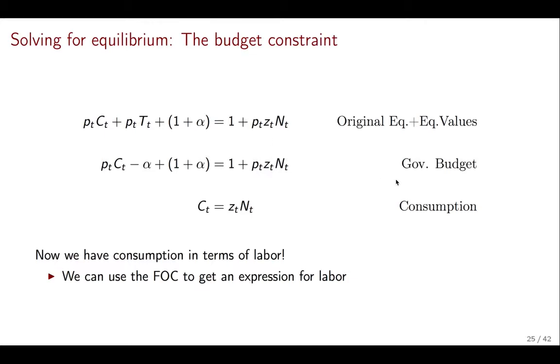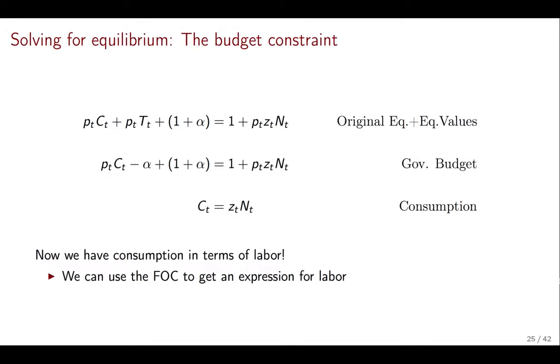If we further replace from the government budget pt times tt by minus alpha, you can see that the alphas cancel and the 1s cancel as well. Then the p's are going to cancel as well, and we actually find consumption. This is what I meant by Walras's law. By imposing equilibrium conditions on all the other markets except for one, you actually find from your model that the final market clearing condition is satisfied. In this case, it's the goods market clearing condition that's going to be saying CT is equal to total output.